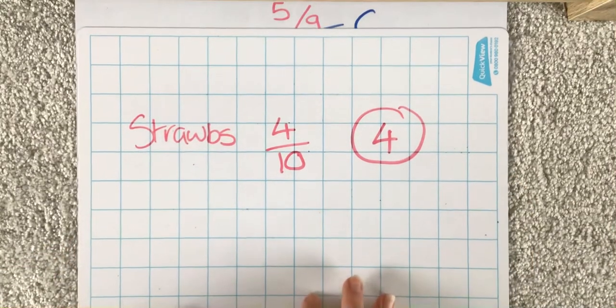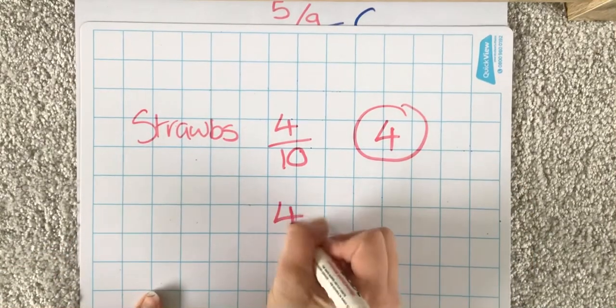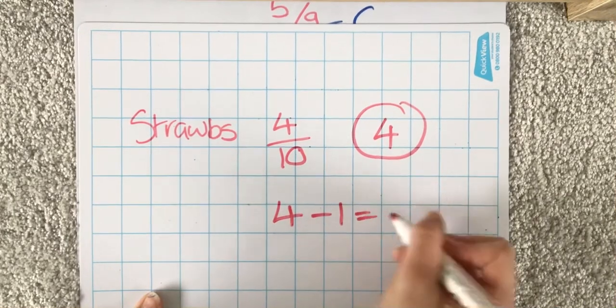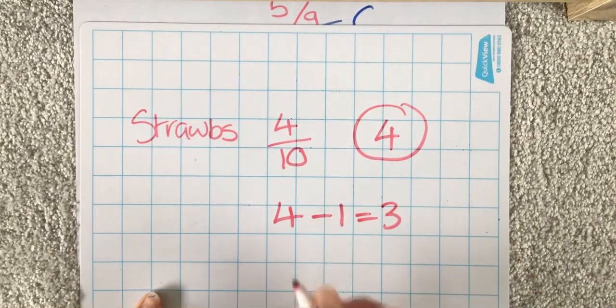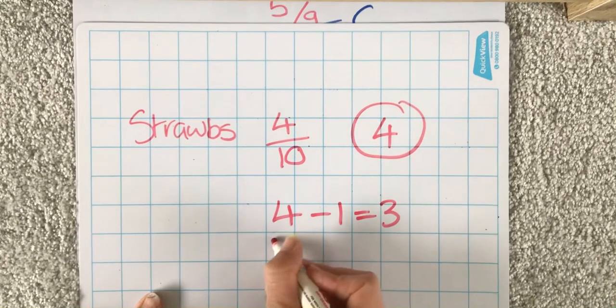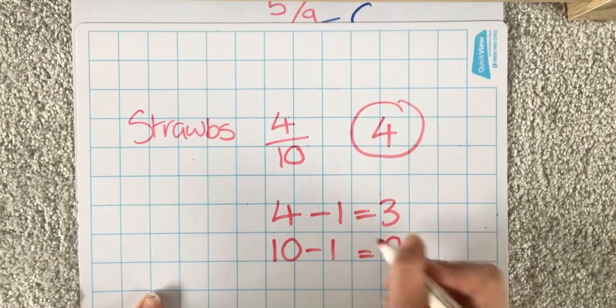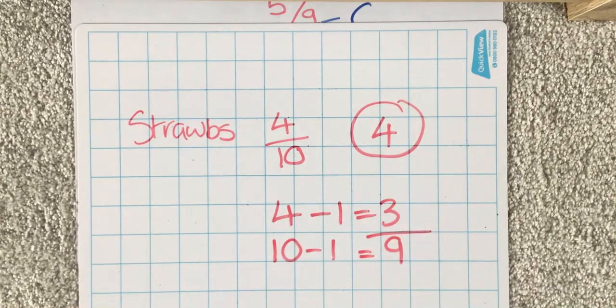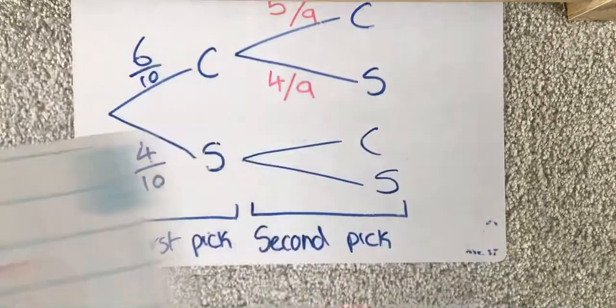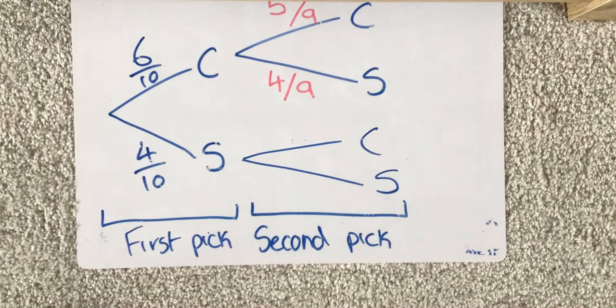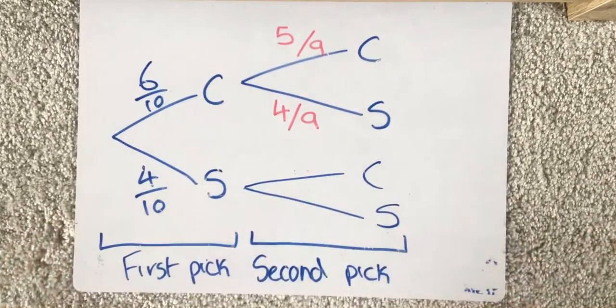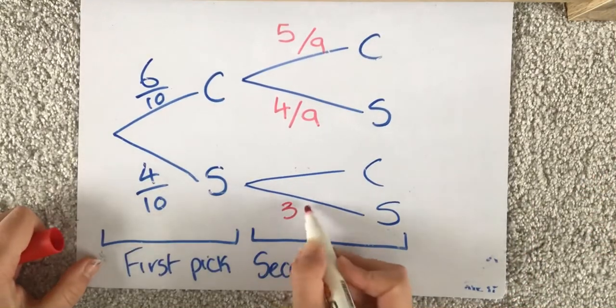Now, if I've taken out a strawberry and eaten it, I'm doing 4 minus 1, which gives me 3. Equally, my bottom value, I'm going to do 10 take away 1, and that's going to give me 9. So what I'm now left with is 3 out of 9. So I've now got this probability for strawberries, that is 3 out of 9.